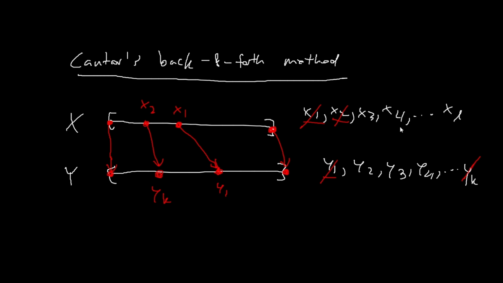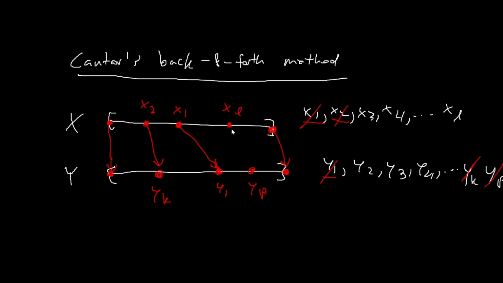You just find the first instance of an element, XL, that's on the right interval, and then you go through the list of Ys to find the first instance of some YP that is on the right interval.